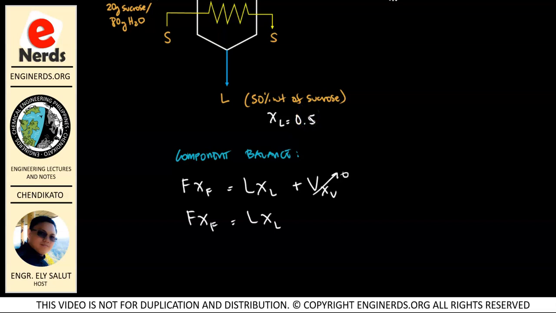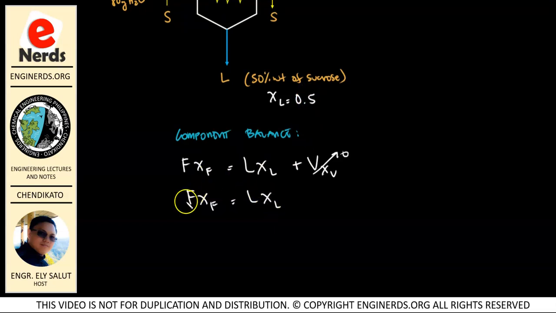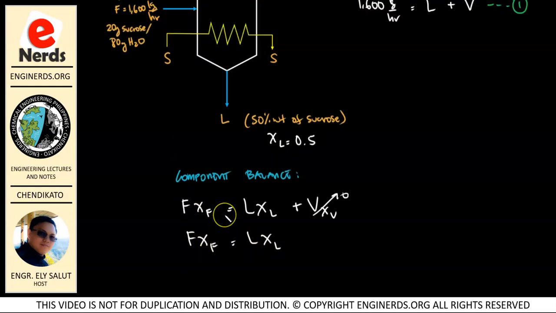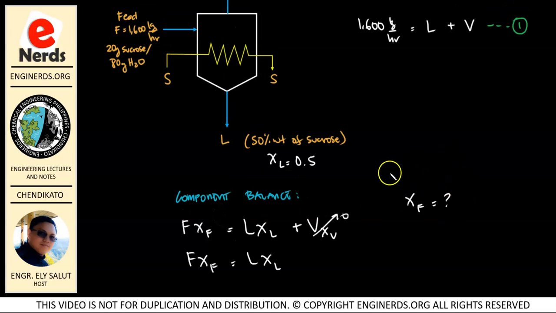Okay? So we know our XL, we know our F, but we still don't know kung ano yung value ng XF. Okay, so we do not know the value of our XF, but we are informed that our feed is having 20 grams of sucrose for every 80 grams of water.